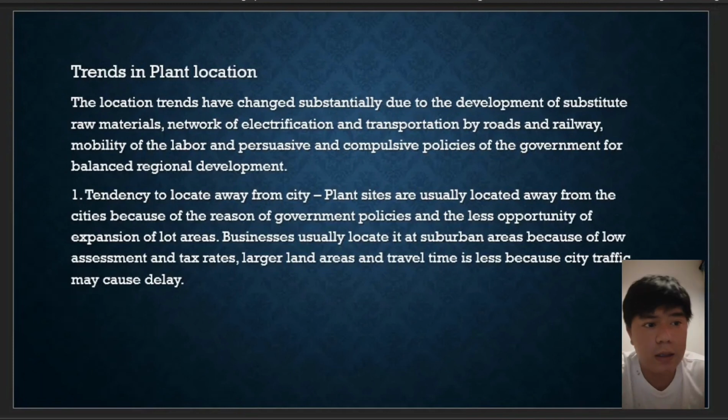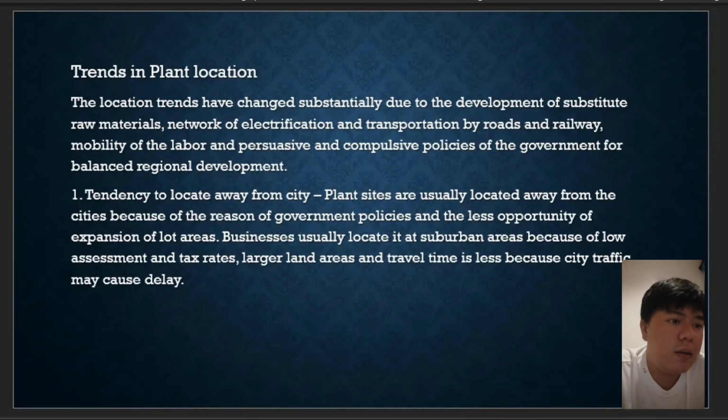Then the next is trend in plant location. So the trend in plant location is that the location trend has changed substantially due to the development of substitute raw materials, network of electrification and transportation by railway, mobility of the labor, and persuasive and compulsive policies of the government for balanced regional development.